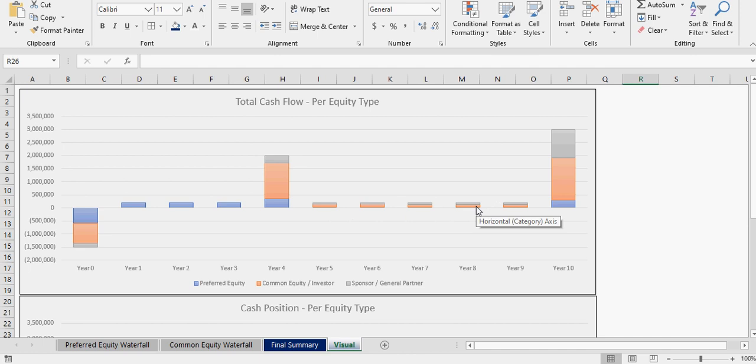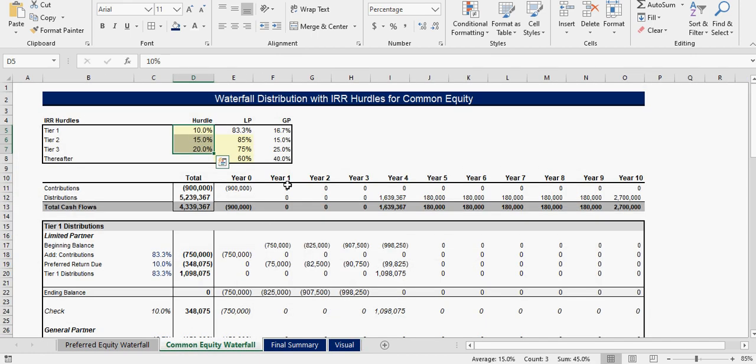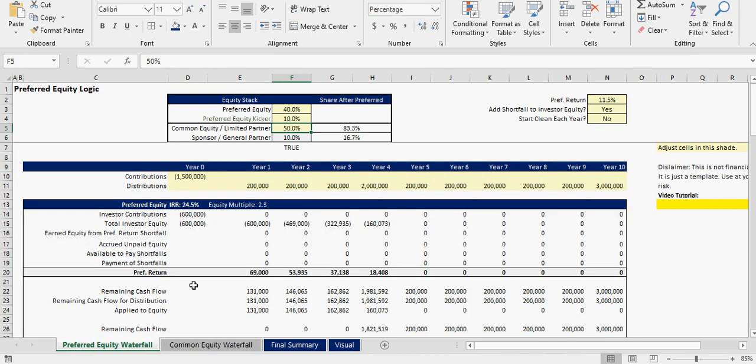It's less upside. So you can see here the common equity is getting all of this upside, but they don't have priority of payment return. So you see in the first 3 years, any cash flows that happen go to the preferred equity first before the common equity is getting anything. So that's less risk for the preferred equity because they're essentially getting paid your money back plus your preferred return and kicker.